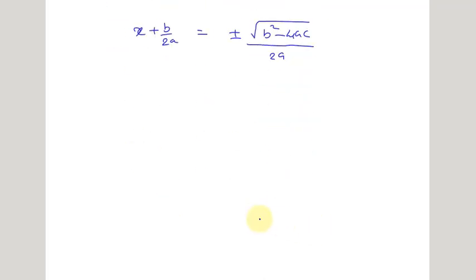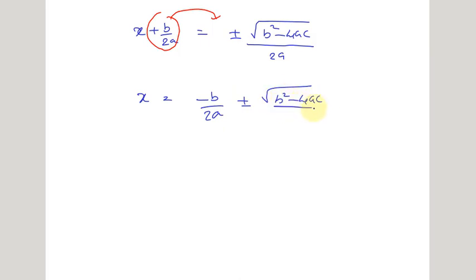Now we have to find the x value, that means we need to make x the unknown alone. To do that we need to transport this term to the other side. As it is a positive term, if it is transported to the other side of the equation, it becomes negative. So on transporting this, you get x is equal to minus b by 2a plus or minus under root of b square minus 4ac by 2a.